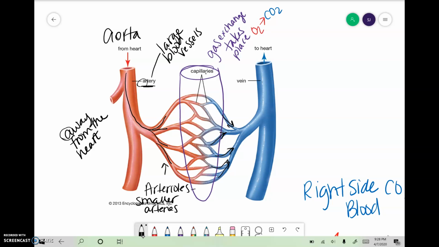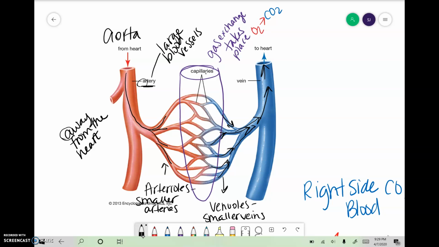These smaller blood vessels are called venules. And these are smaller veins. Okay, and from there, the venules continue to get larger and larger until they get to your veins.